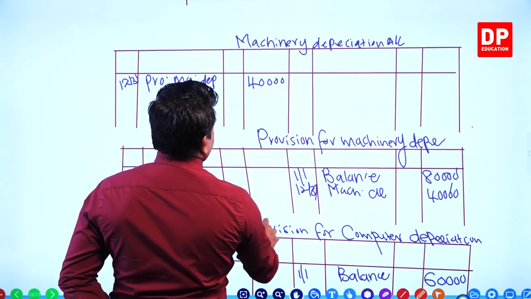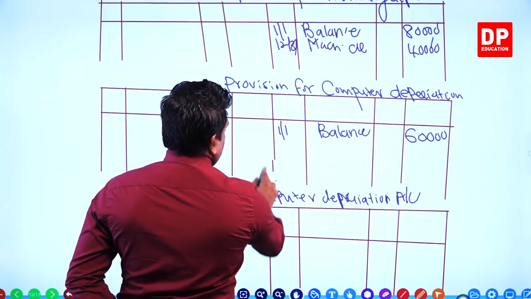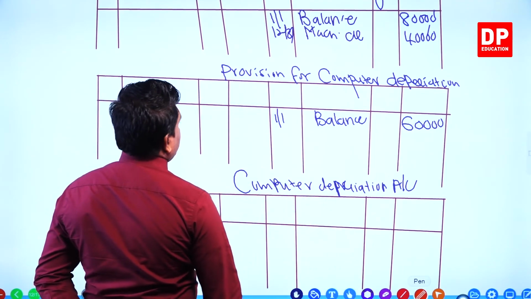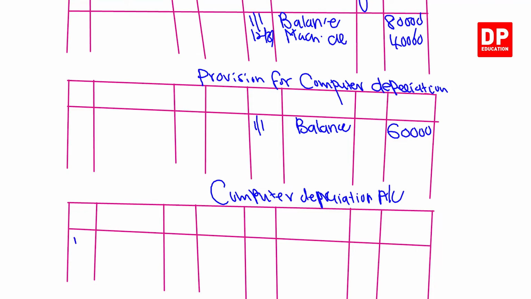Now computer depreciation account, 12/31st. You write debit side 30,000 as provision for computer depreciation, right?